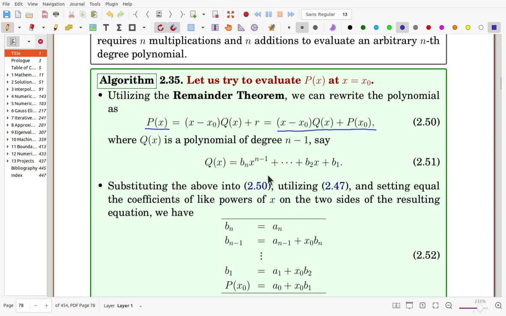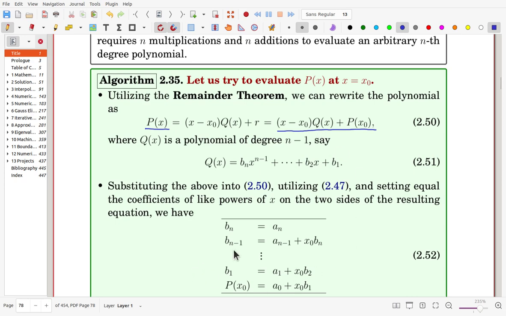Now we write the quotient q of x symbolically in this way. Now we plug this into this equation and expand, and we try to set equal the coefficients of like powers of x.